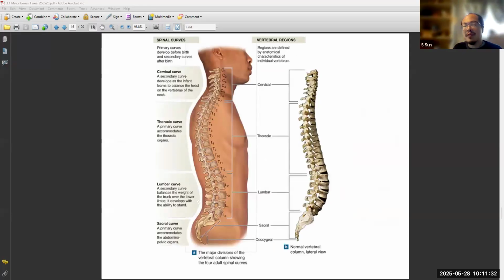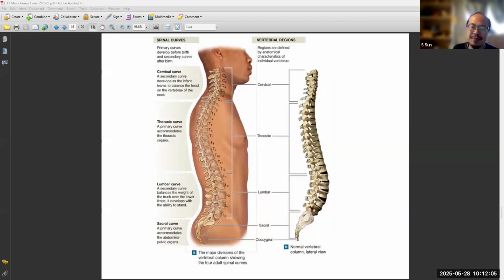Then the next thing is about the vertebrae right here. For the vertebrae, what you need to know is that they are sequential bones, one next to the other, next to the other. Actually, with this one, you need to know the number, the amount. We have the cervical portion of the vertebral column, cervical, thoracic.